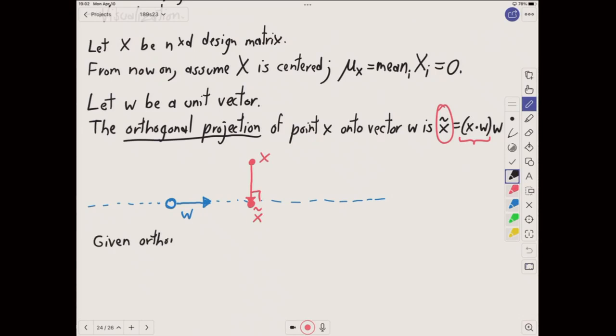For that to work, I'm going to assume that somebody gives me some nice directions. Let's call them v1 through vk. And again, this word orthonormal means they're all mutually orthogonal. They're all perpendicular to each other, and they all have length 1. So given that, my projection formula is basically the same. It's just that now I have to sum over all of these.